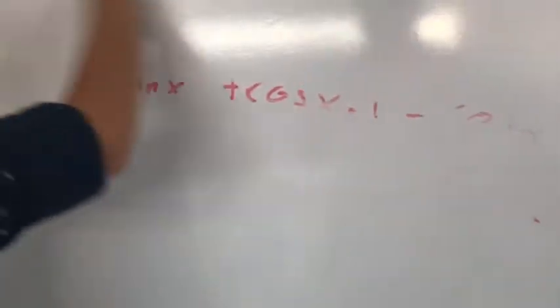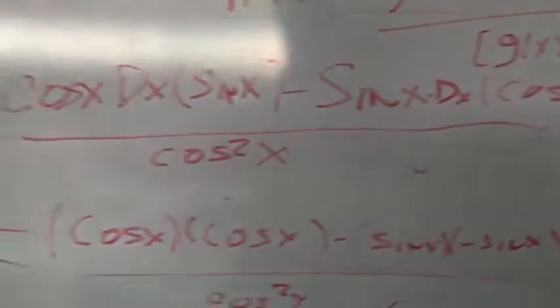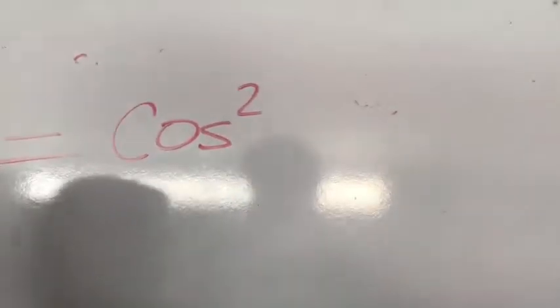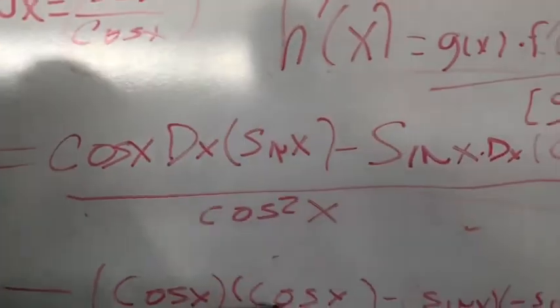Then we can see that cosine times cosine is cosine squared.